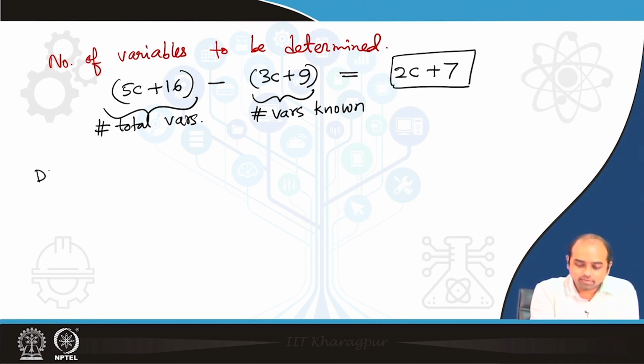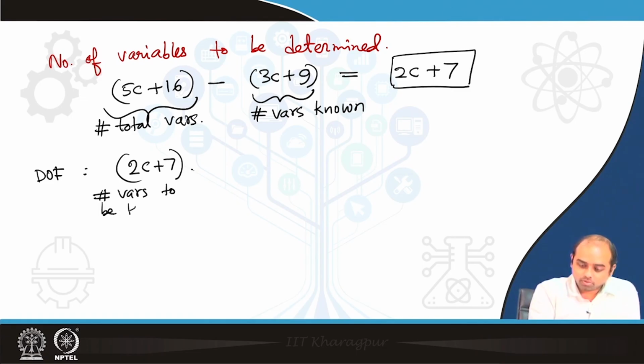So what is the degree of freedom? You have 2c plus 7 unknown variables, which are the variables whose values need to be calculated, minus the 2c plus 3 equations that you have.